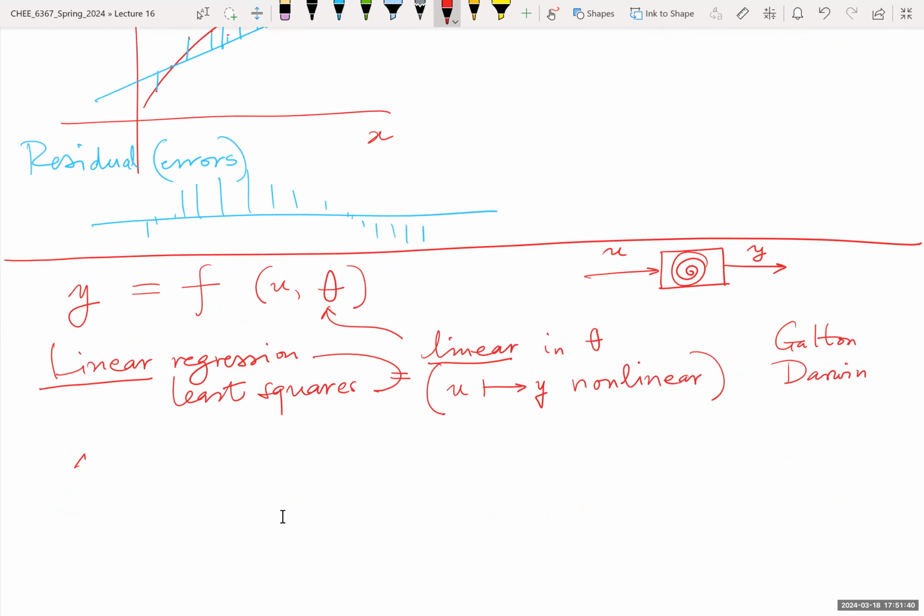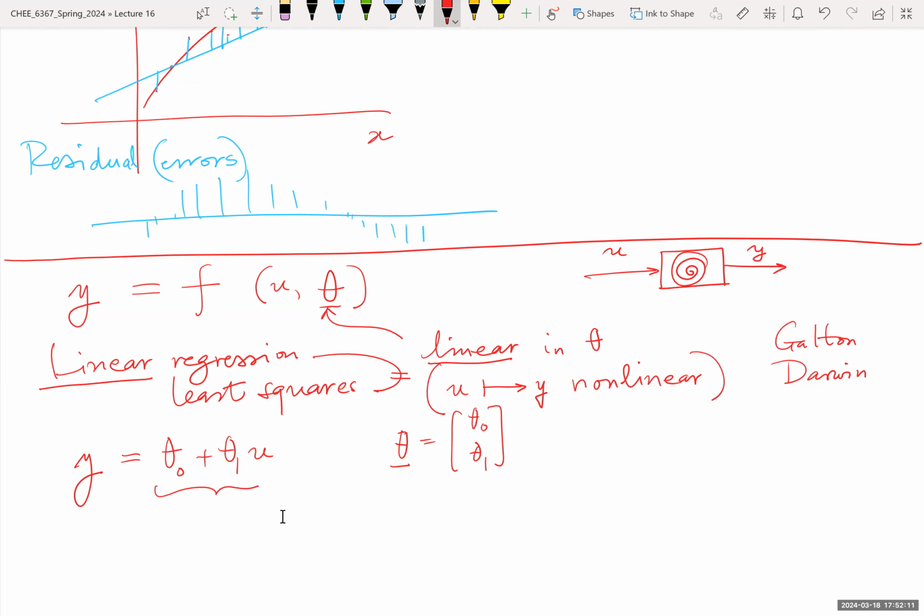So a straight line is obviously theta 0 plus theta 1 times u. Is the effect of u on y linear? Yes. Is the parameter theta, which is a vector in general, in this case theta 0, theta 1, linear?